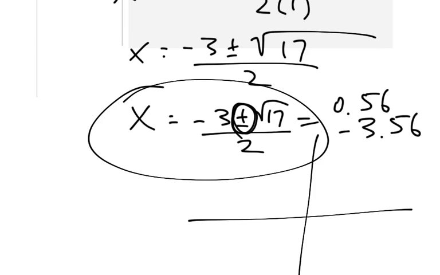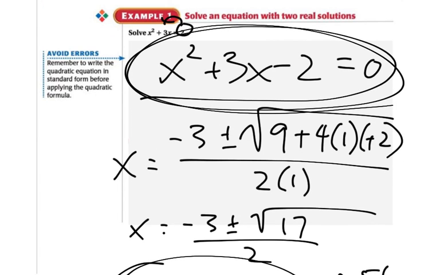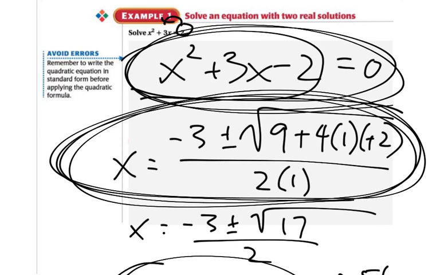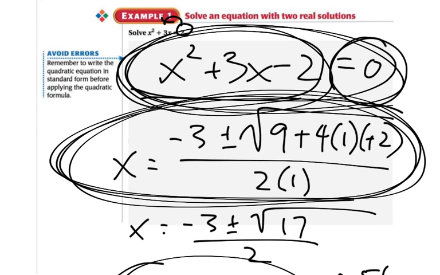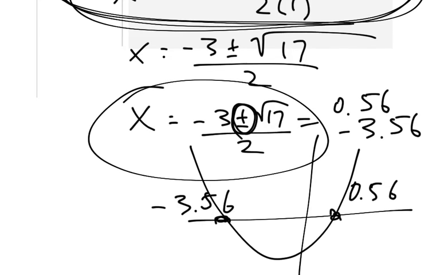You'll notice that when you graph it on the graphing calculator, those are the two points of x-intercept. So make sure you understand that when you use the quadratic formula, your goal is to make the standard form equal to 0. So you're looking for the intercepts, the roots, or the zeros. They all mean the same thing.